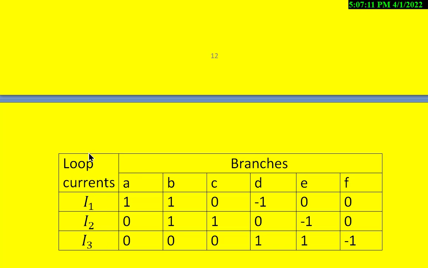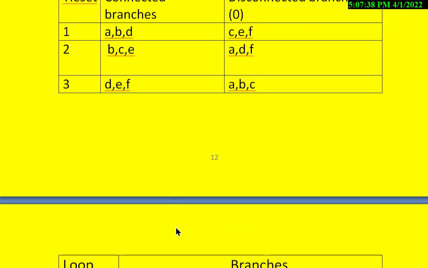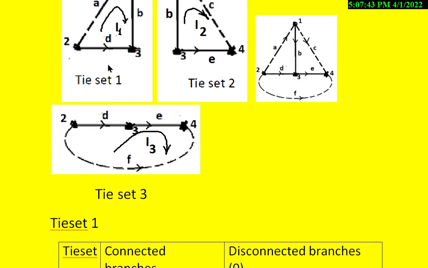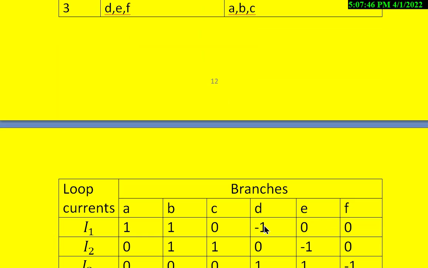So the loop currents I1, I2, I3 are the rows, whereas the branch currents are the columns. So for the first Tieset, the elements connected are 1 for A, B and D. The A and B branch currents are in the same direction as the assumed loop current, whereas the D branch current is opposite to the assumed current direction, so we get a minus sign here, and the rest of the elements are 0.